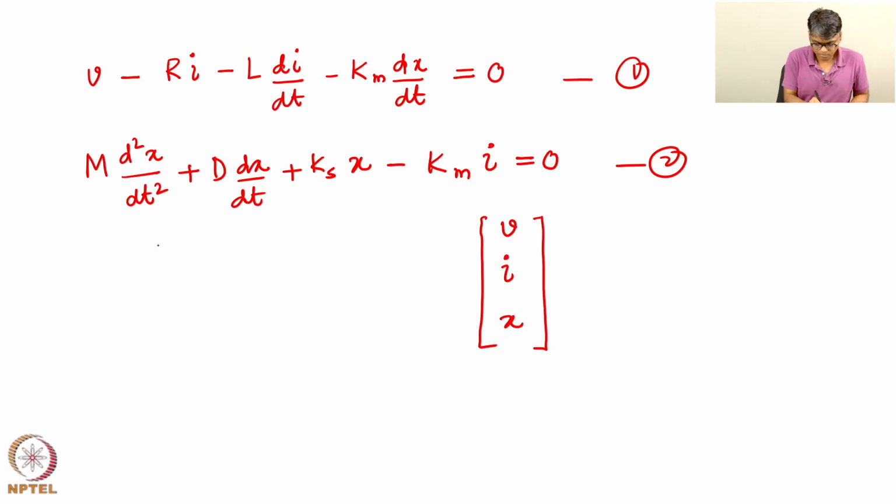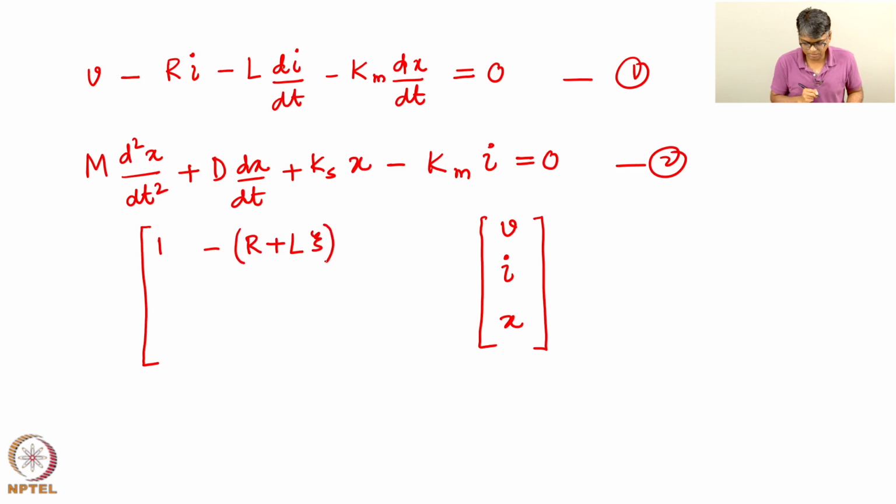In order to write down the matrix, I will just write this equation down in the form of a matrix now. 1, then minus R plus L xi, xi stands for d/dt, remember, minus Km times xi.